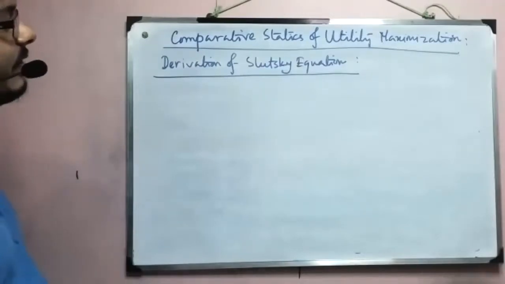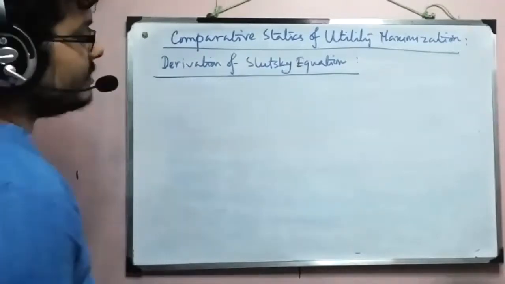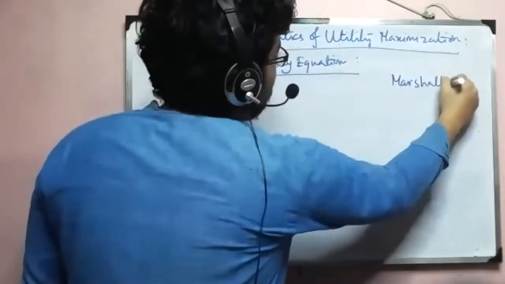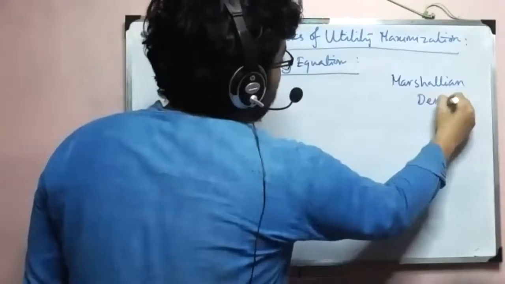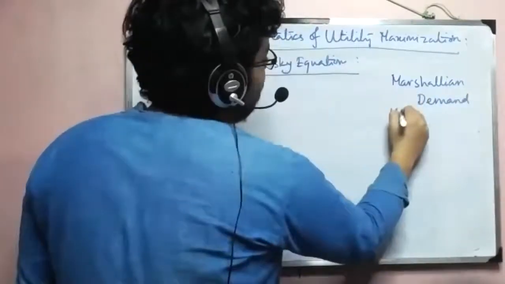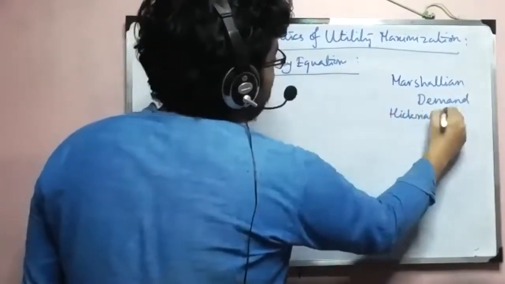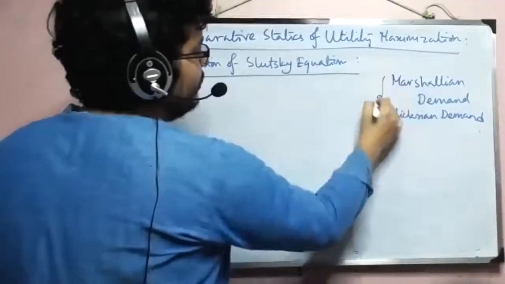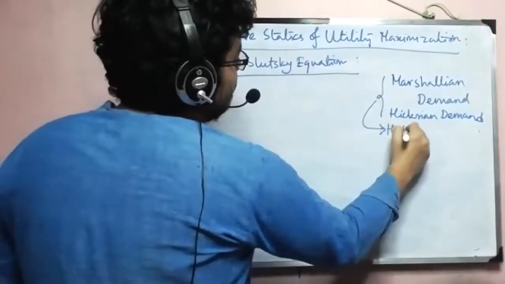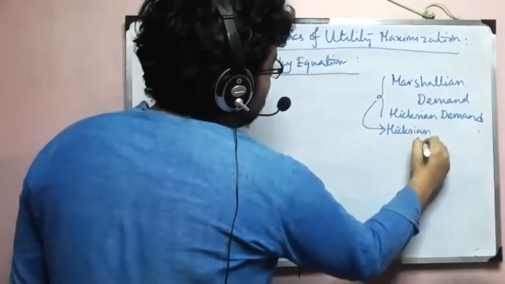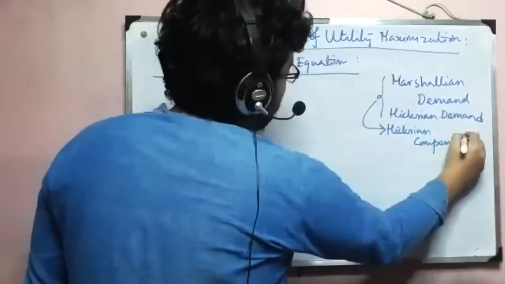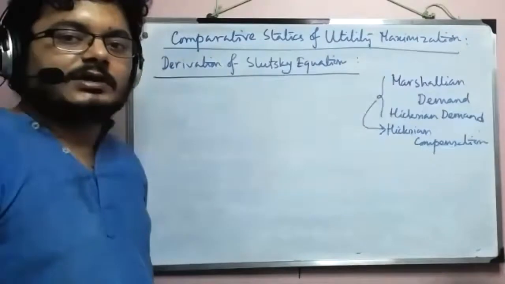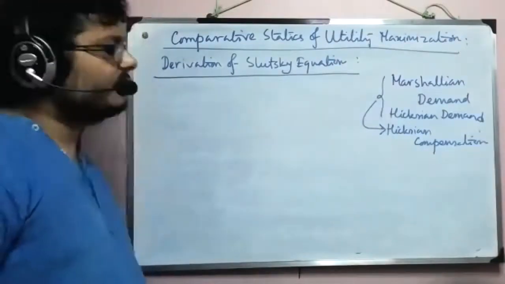Here, in essence, we will be connecting Marshallian demand and Hicksian demand, and we'll be connecting them through Hicksian compensation. Something that we have studied earlier, but using diagrams.